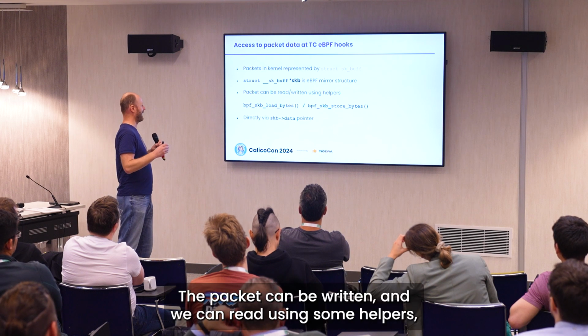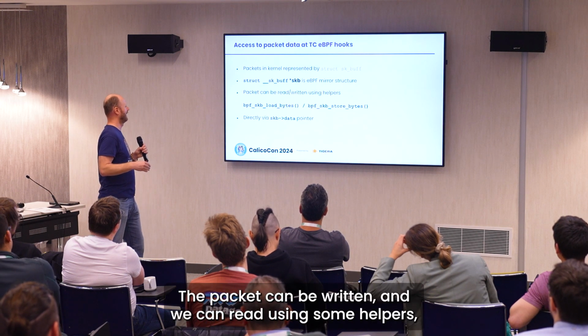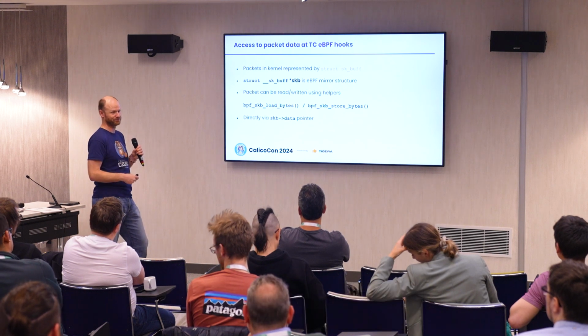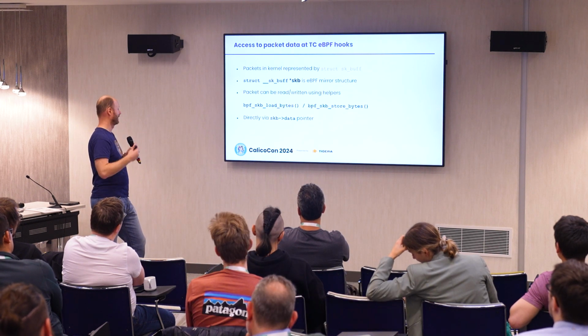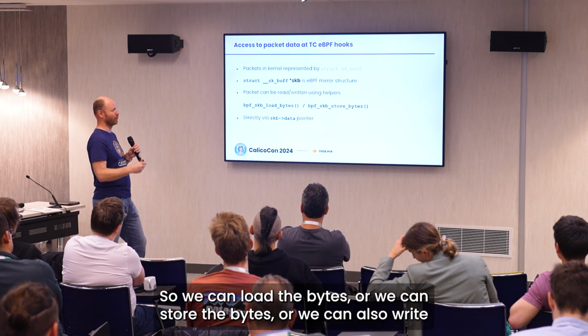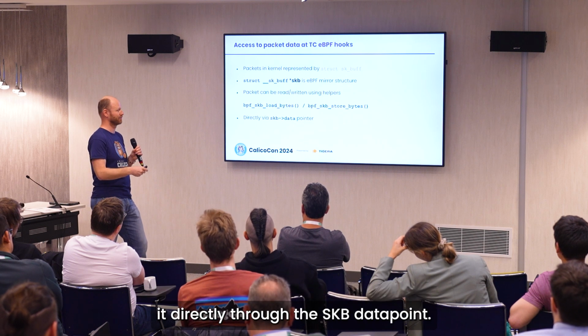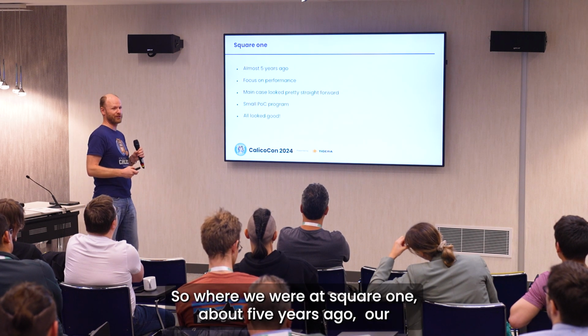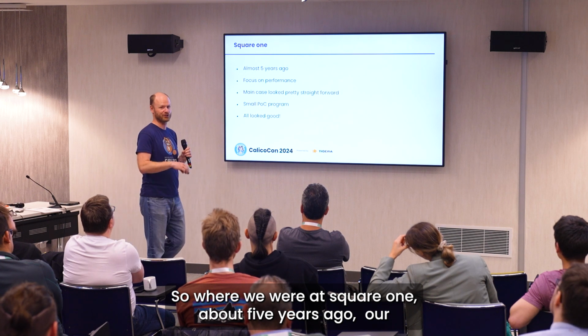And the packet can be written, and we can read using some helpers, which I just talked about. So we can load the bytes, or we can store the bytes, or we can also write it directly through the SKB data pointer.